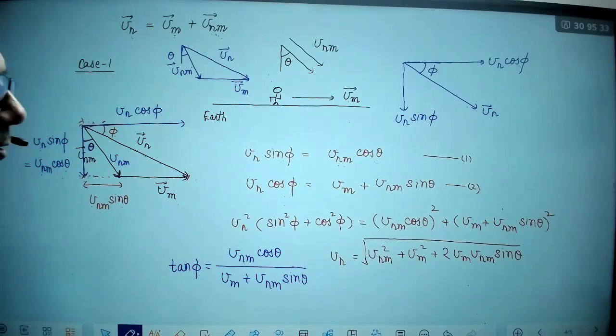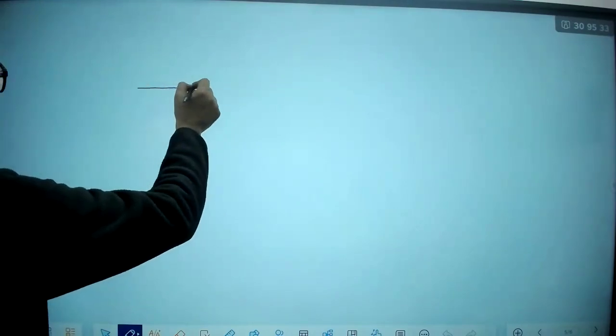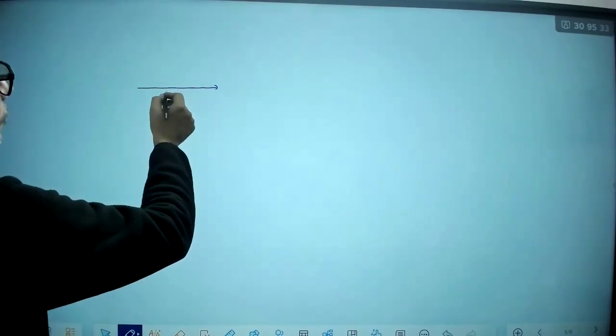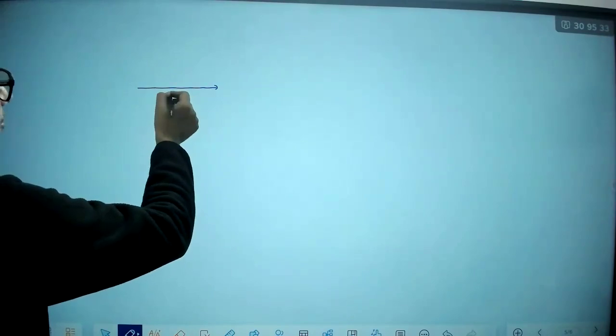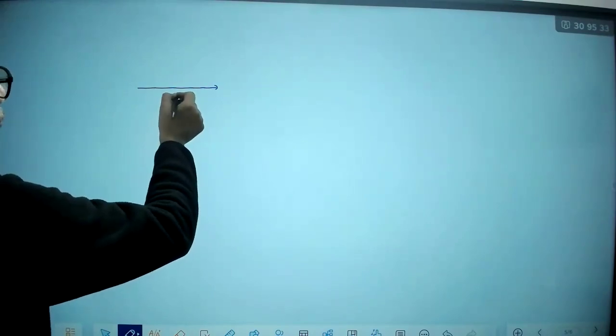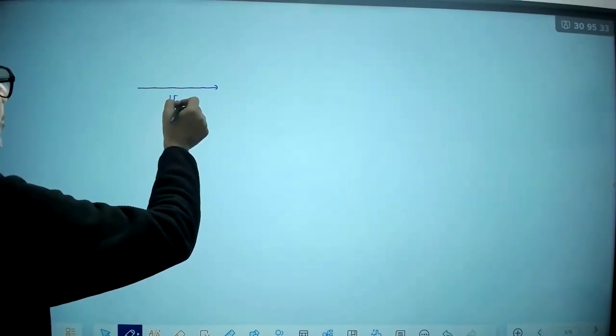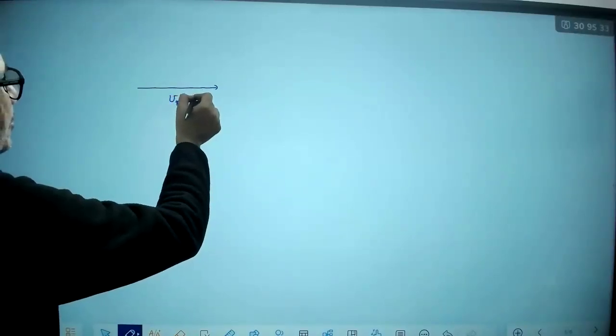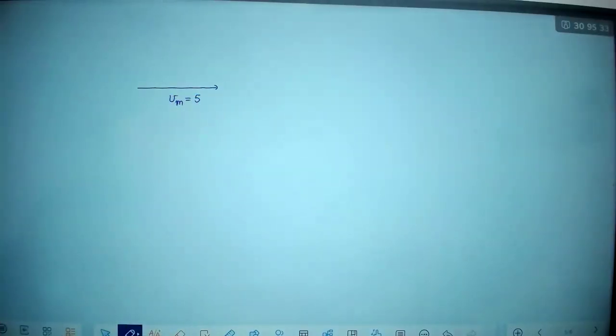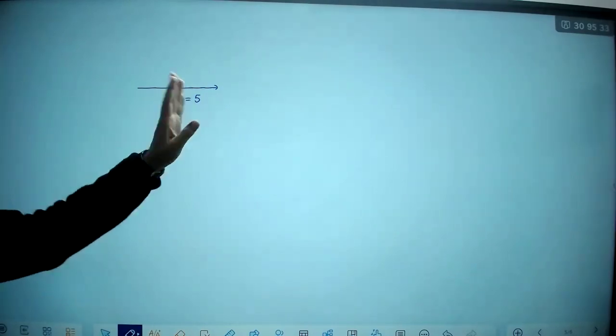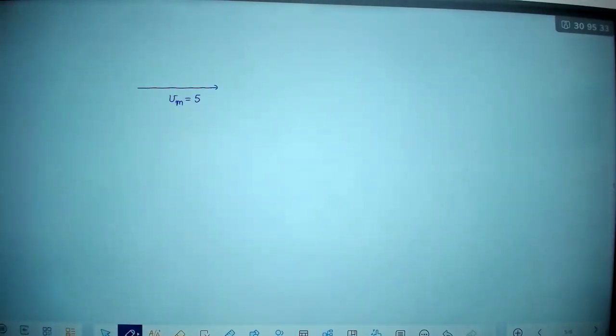Or I can give you a very simple example. Suppose this person is moving with a velocity of 5 meter per second. I'm just taking simple numbers. This is Vm, 5. Any unit you can choose, whatever unit is suitable.